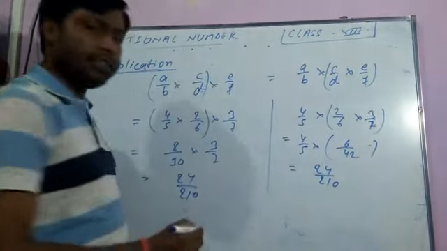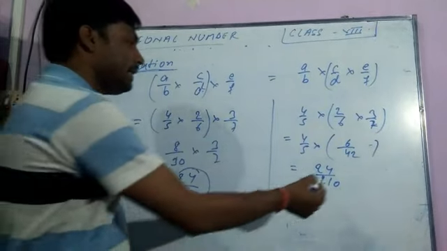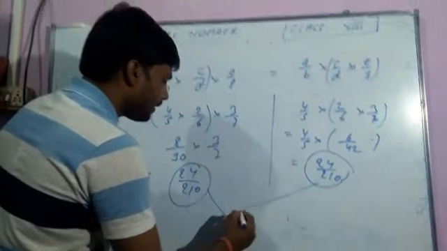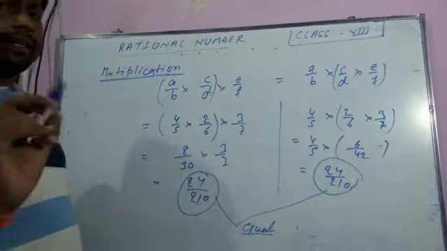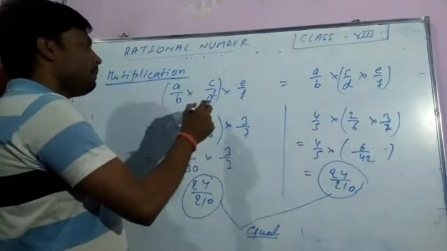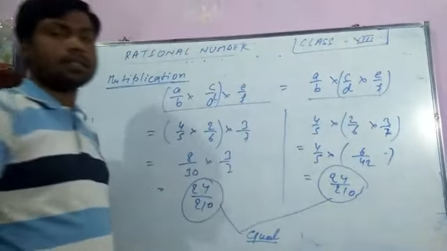Then students, what we have got is 24/210 and 24/210. Both sides are equal. It means that the associative property of multiplication is followed by rational numbers.